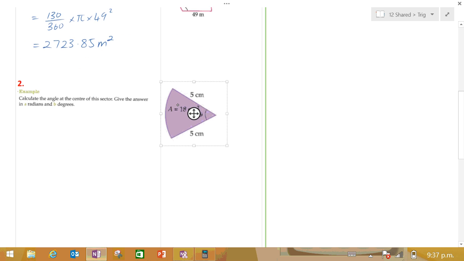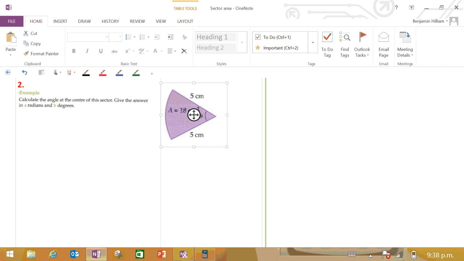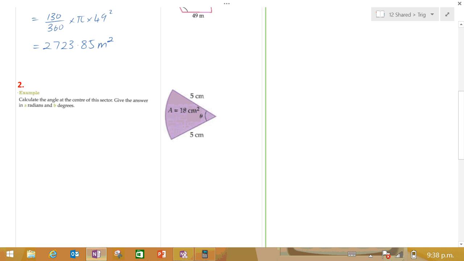Okay, our second example here, we've been given an area and we've been asked to calculate what the angle is. So if we write out the formula, sector area equals A over 360 times pi r squared, substitute in what we know.